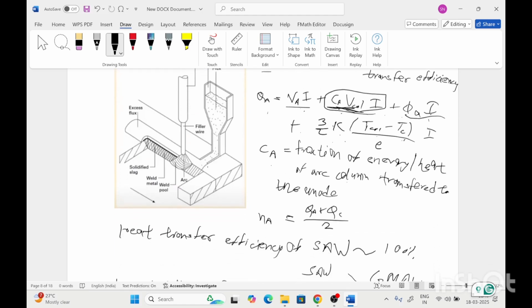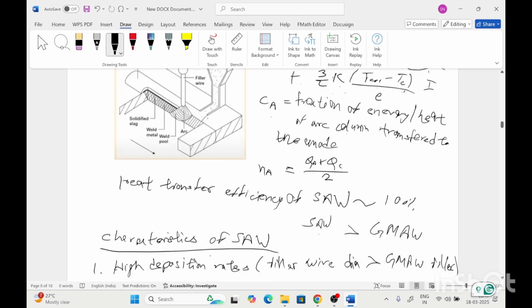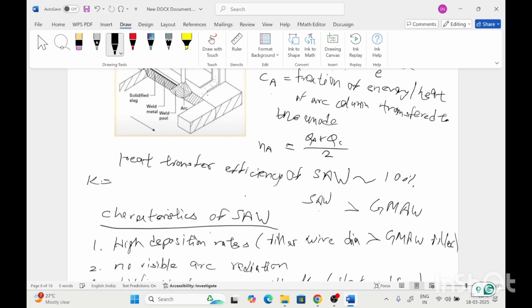It depends on the unit of Q_a. If it is in joule or volt terms, K is generally written as 1.38 × 10^-5 electron volt per Kelvin.